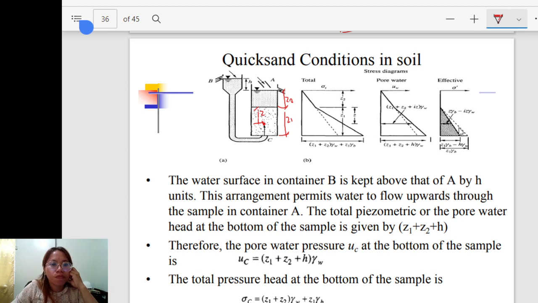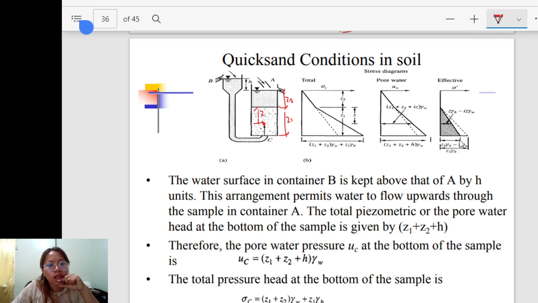And the effective stress at this point here is Z times the buoyant unit weight minus iZ gamma W.